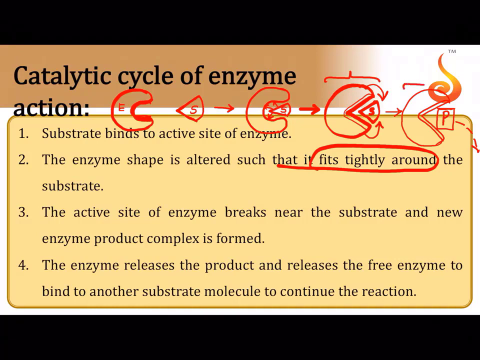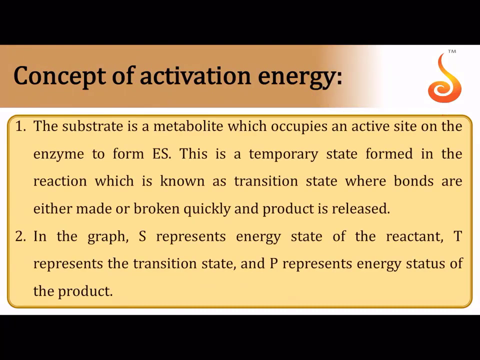So enzyme-substrate complex, enzyme-product complex, and finally a free enzyme and a free product, and again the active site of the enzyme will go back to its original shape like what we saw over here. This model is called the induced fit model, which explains the process of enzyme action.